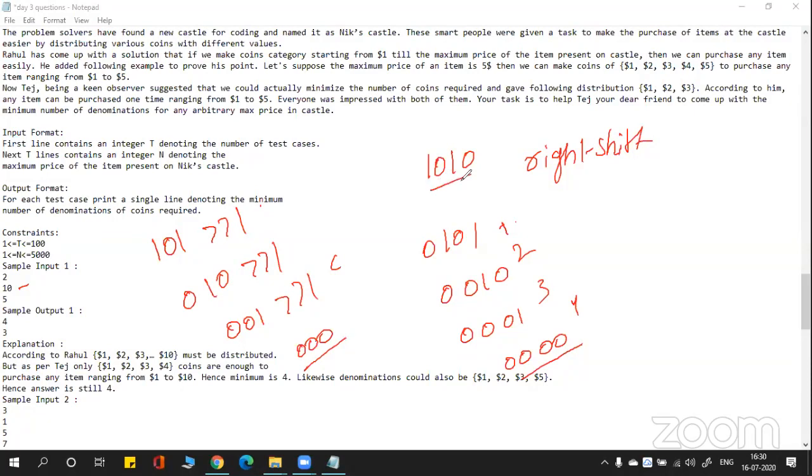If there are 4 bits, you'll do right shift 4 times. If there are 3 bits, 3 times. Even if my value is 2, you'll do right shift 2 times. Every right shift, 1 bit will be deleted or counted.